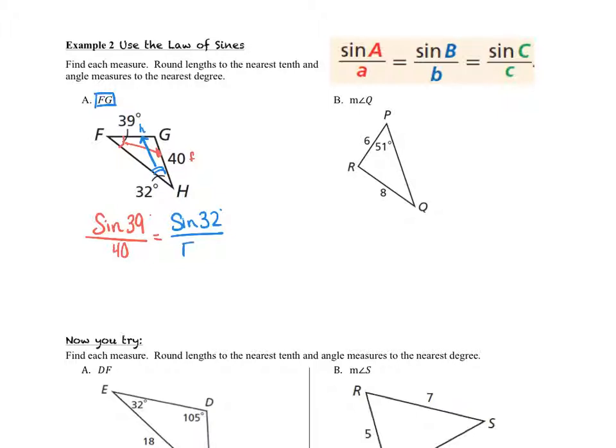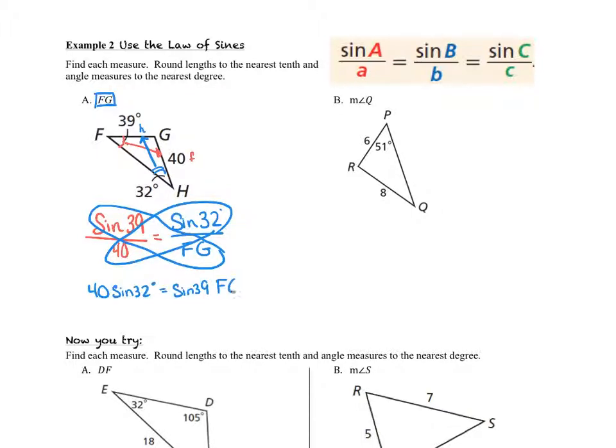I can write it as FG as well, but I just wanted you to see based on the letters here, because we have sine A over A, sine B over B, etc. And then from there you see that we have a proportion. So that's all we need. We only need these 2 so that I can set up my proportion and solve. So I get 40 times sine 32 is equal to sine 39 times x, or if we want to call that FG.